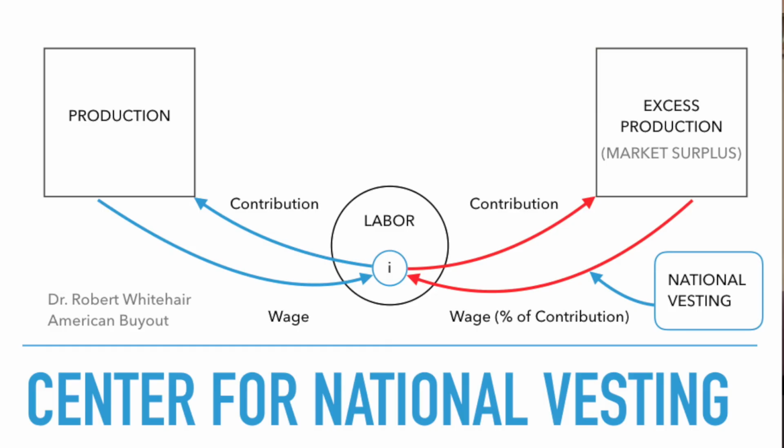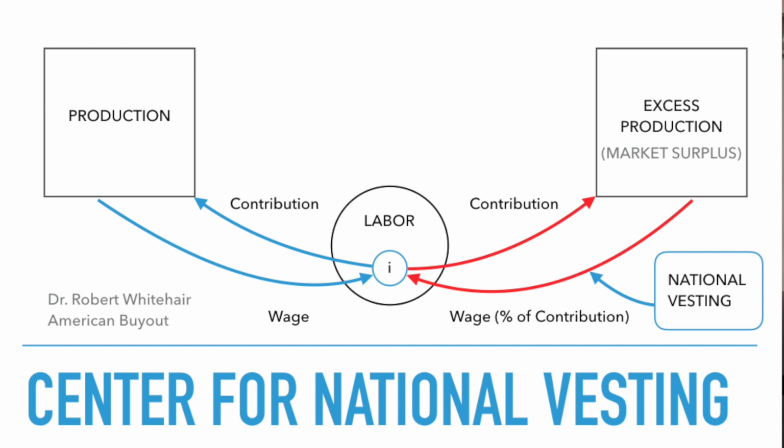production and excess production. Now, in a conventional economy, workers that contribute to production receive a wage for their services. In a vested economy, workers who contribute to excess production also receive a wage, or second paycheck, if you will, based on the percentage of the value they contribute and provide to excess production.